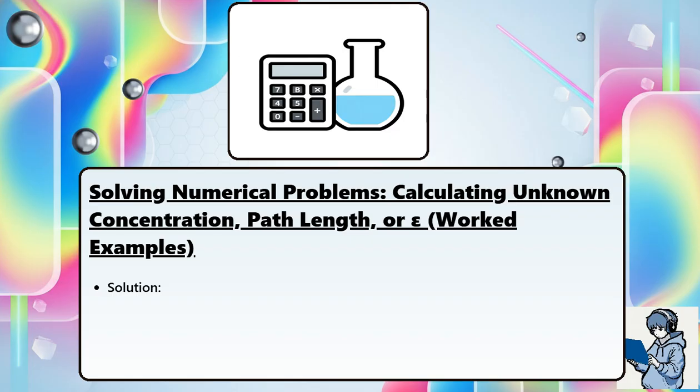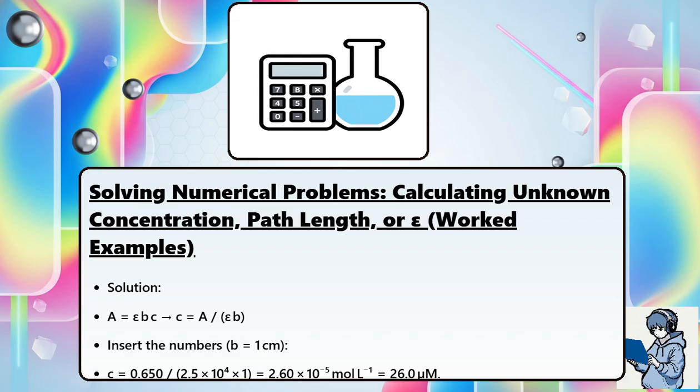Solution: A equals epsilon times b times c, therefore c equals A divided by epsilon times b. Insert the numbers. b equals 1 centimeter. c equals 0.650 divided by 2.5 times 10 to the 4 times 1 equals 2.6 times 10 to the minus 5 moles per liter equals 26.0 micromolar.